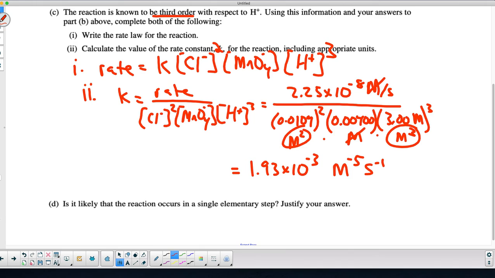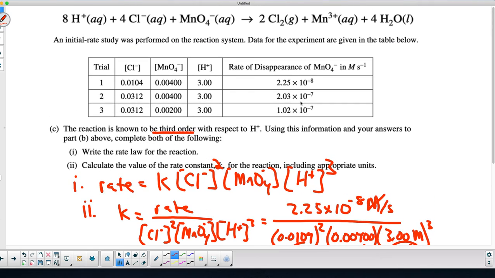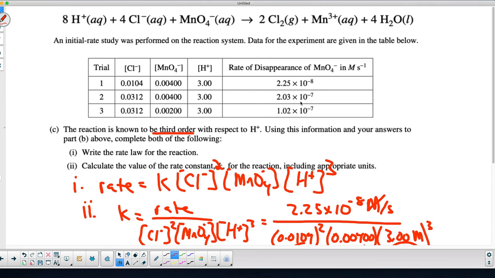Okay. Excellent. Let's take a look at D while we're here. Is it likely that the reaction occurs in a single elementary step? Justify your answer. Well, I got 2 answers for this, and the answer is no, it's not likely that the reaction occurs in a single elementary step, and I got 2 reasons why. Take a look at this. The order for H plus is third order.